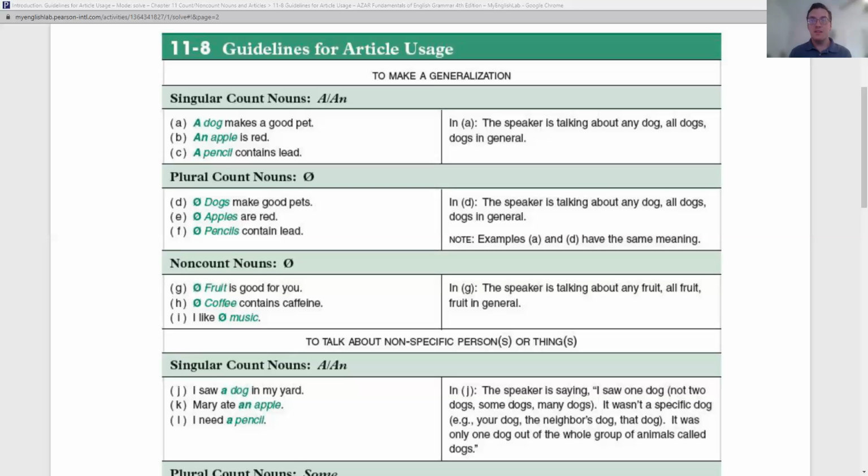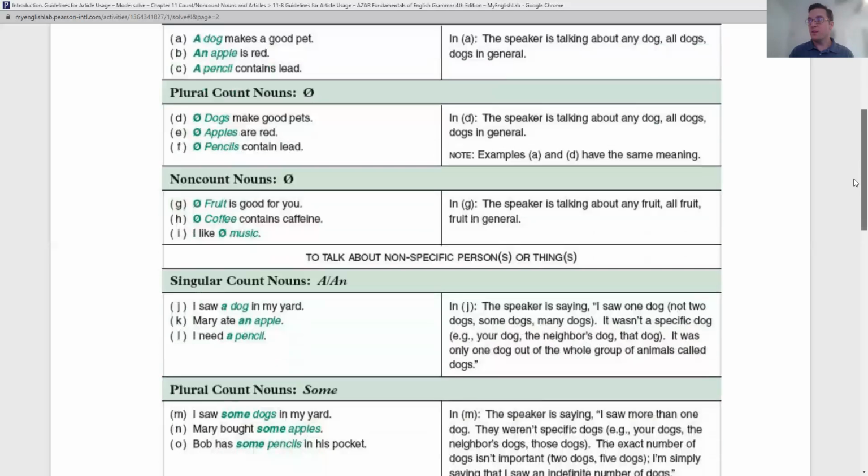So I simply use the noun, not singular, not plural. Fruit is good for you. Coffee contains caffeine. I like music. Not any specific type of music. I'm just talking about any music, any coffee, all coffee contains caffeine. These are general statements about these general categories. Non-count, so it's not singular, it's not plural.